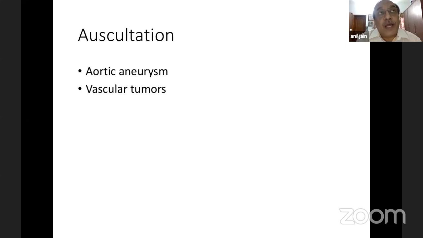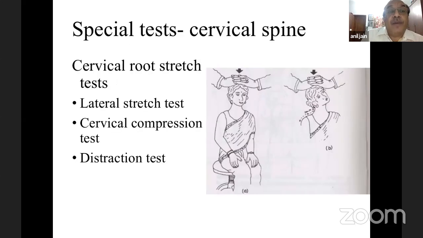And it has happened 2 times with me when I auscultated. Those 2 cases in last 30 years were of aortic aneurysm, one of a tubercular origin. I think one of my publications was on that aortic aneurysm. So with auscultation, one should know that sometimes these sounds from the aneurysm or some vascular tumor are audible.